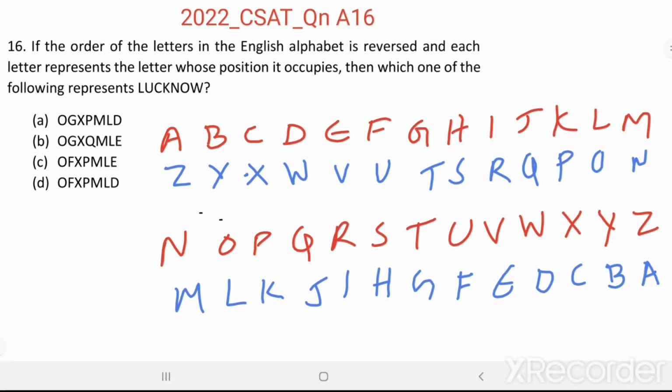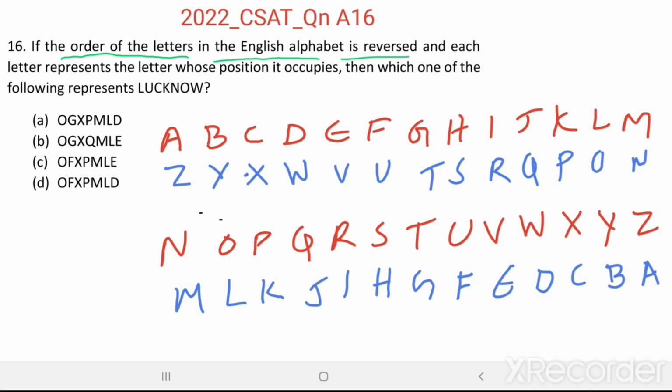Question number 16. If the order of the letters in the English alphabet is reversed and each letter represents the letter whose position it occupies, then which one of the following represents Lucknow? Here, the order of the letters in the English alphabet is reversed.